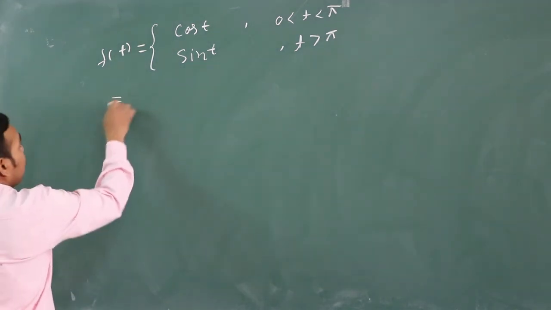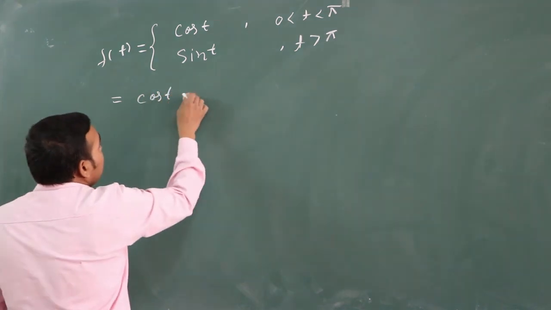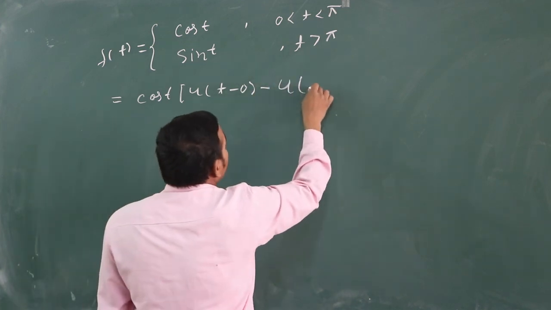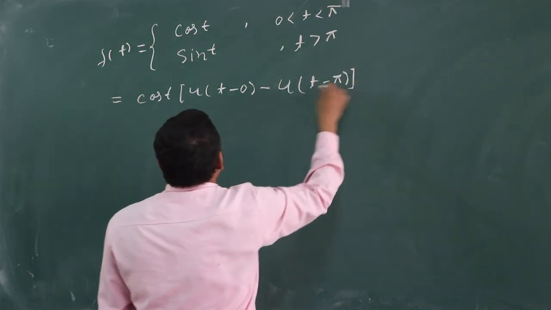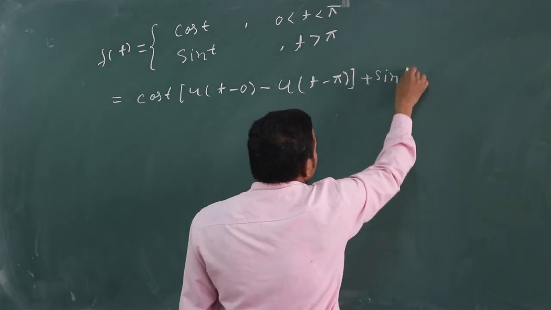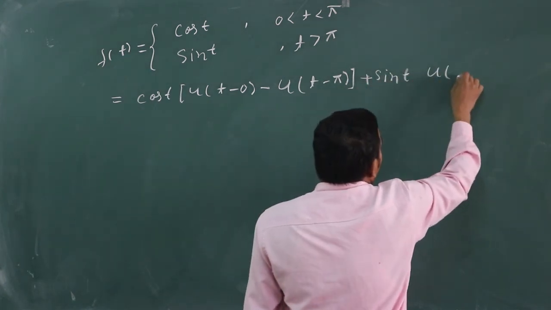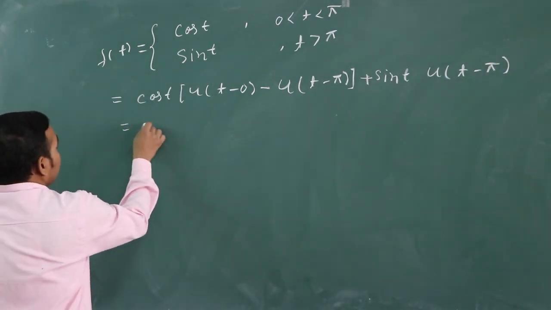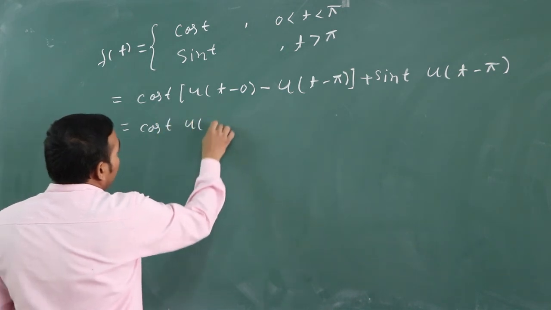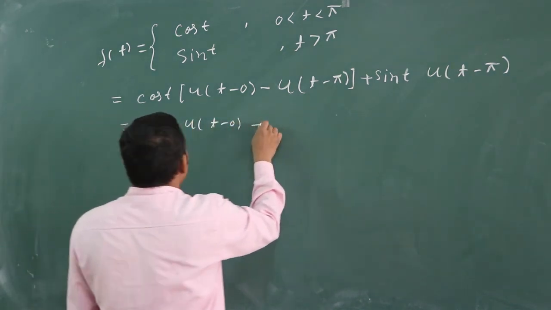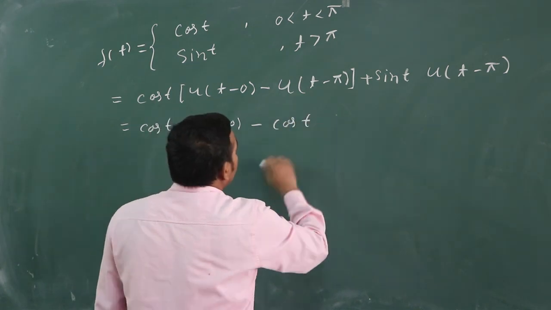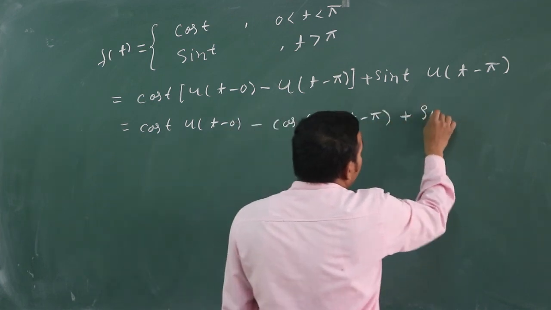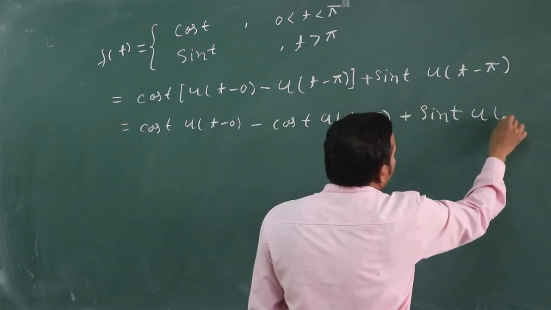It can be written as cos t [u(t minus 0) minus u(t minus pi)] plus sin t u(t minus pi). So we can write cos t u(t minus 0) minus cos t u(t minus pi) plus sin t u(t minus pi).